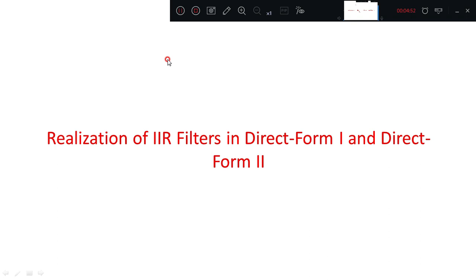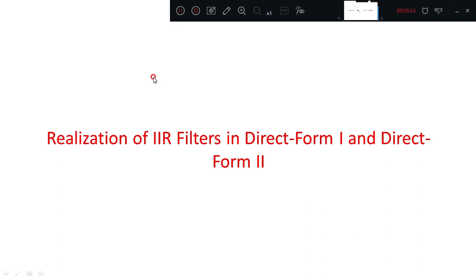But when it comes to the design part, the IIR filters are very similar to your analog filters in terms of their design. So these are the few points we studied in the previous class.